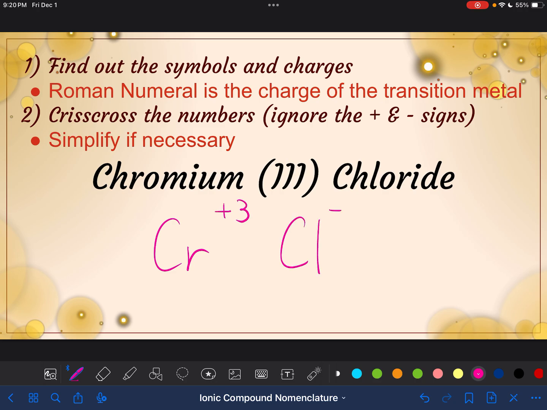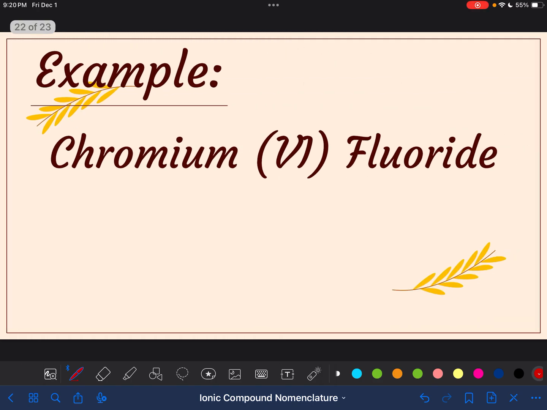Symbol, charge. Last but not least, crisscross applesauce. And that's how we get the answer. Pretty simple. Try these questions out on your own before I reveal the answer.